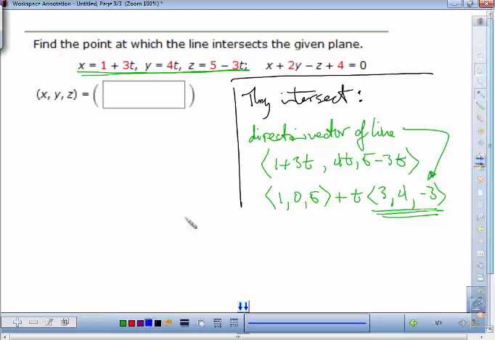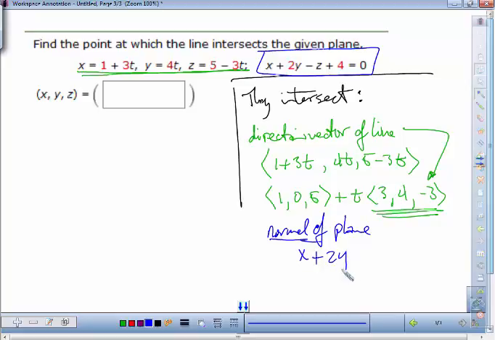Now let's take a look at the plane. I think that's easy enough to find the normal. So if we just write this down, x plus 2y minus z plus 4 is equal to 0. You can just say the normal vector is 1, 2, negative 1.